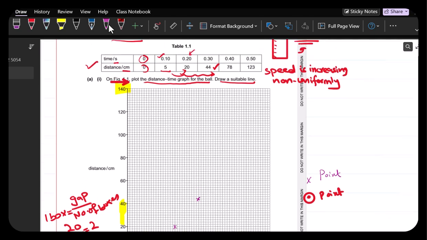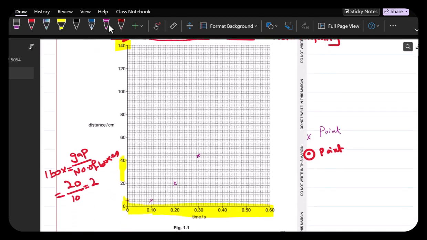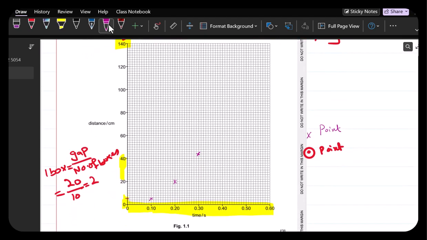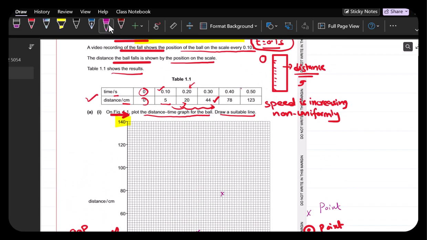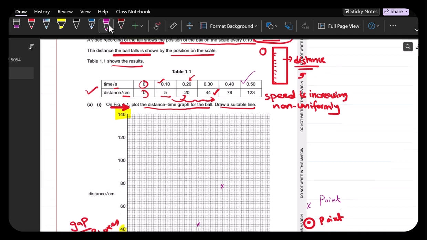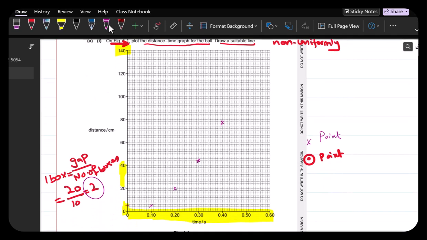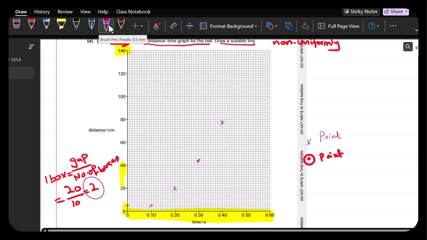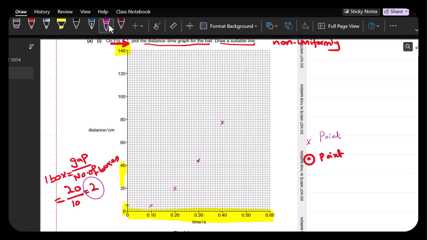Then we have 0.4 and the distance is 78. So here we have 80, so I am going to mark here because one small box is representing 2. Then moving forward, at 0.5, the distance is 123. 0.5 is here. So distance is 123. So it will come somewhere here.